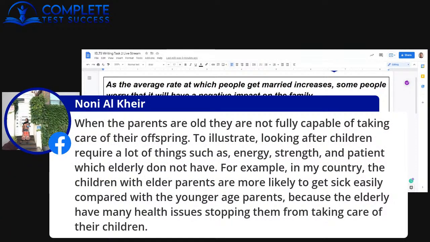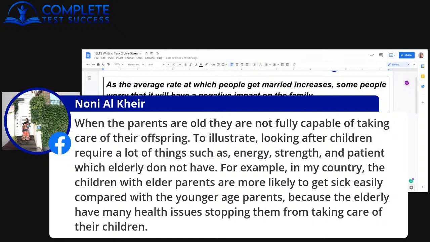Noni: "When the parents are old, they are not fully capable of taking care of their offspring. To illustrate, looking after children requires" (that's subject-verb agreement there, Noni) "a lot of things such as energy, strength, and patience." So that's the noun, patience, "which elderly people do not have.